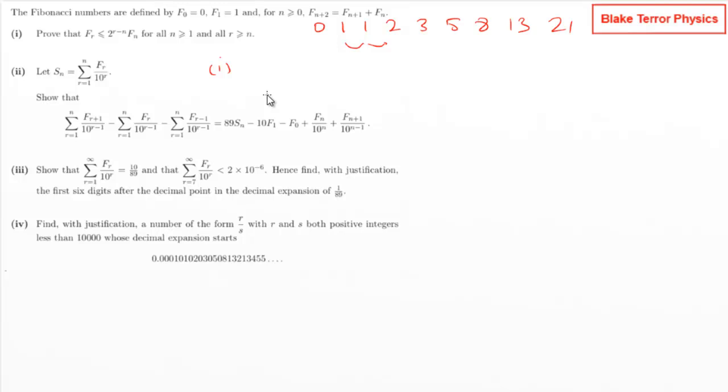So I want to say that, what have I got then? F_(n+1) is greater than or equal to F_n. That's something which has got an inequality in it. So that's definitely going to be the case. And we've got F_(n+2) equals F_(n+1) plus F_n.